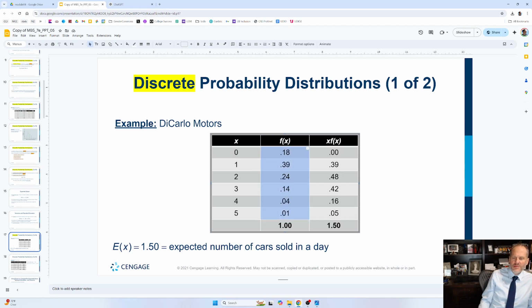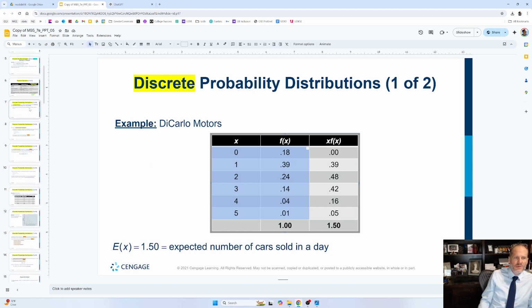It's tabular, meaning it's a table, a tabular representation of the variable x, which represents the outcome of the event that we're measuring, how many cars were sold on a day. There are those 6 possible outcomes, and here are the associated probabilities of realizing one of those outcomes in a table, and so we call this a tabular format.